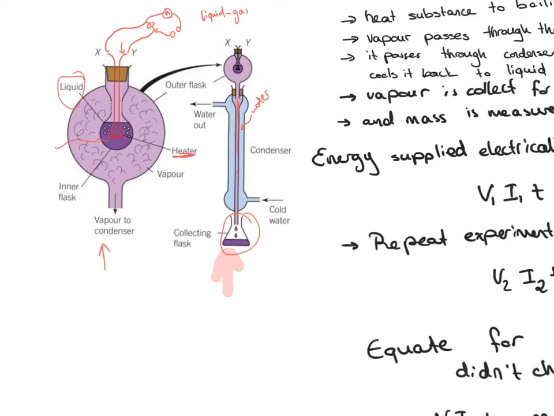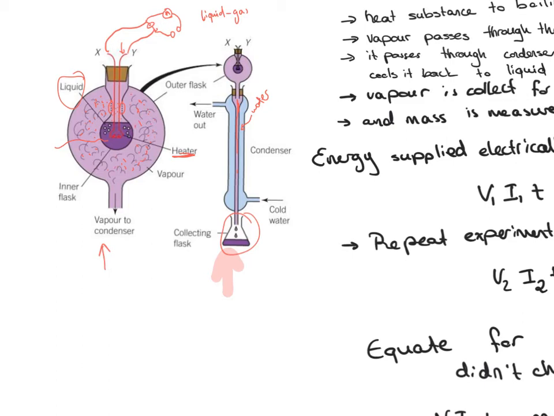Liquid there is labeled. Once you start heating the liquid at its boiling temperature, it will start rising. So imagine this is the liquid rising, and there are these little gaps here you can see that allow the water or gas vapor, whatever it is, to come out. So it will be in this section, contained within the outer flask.